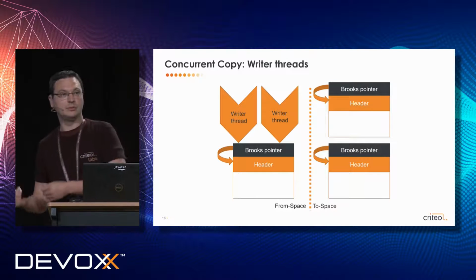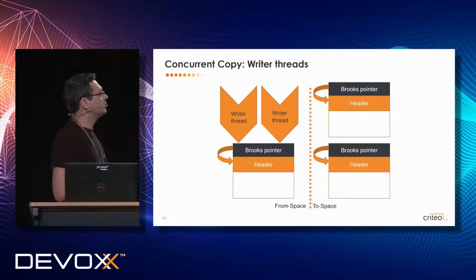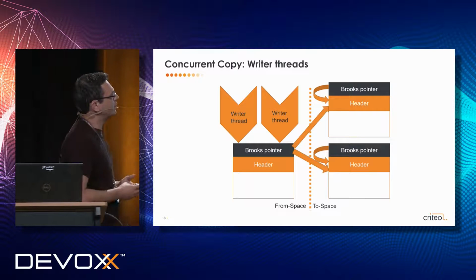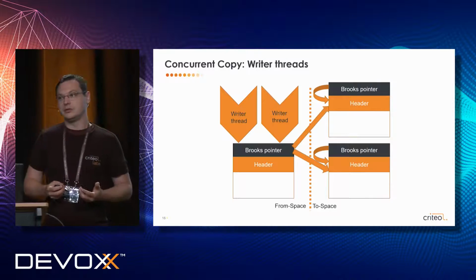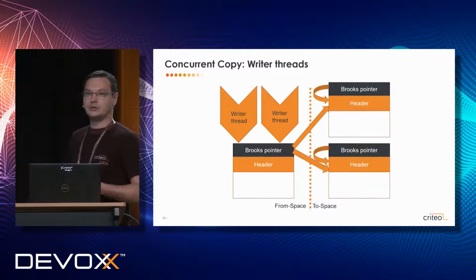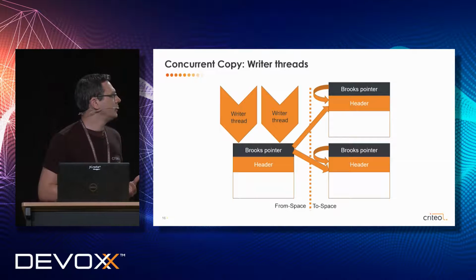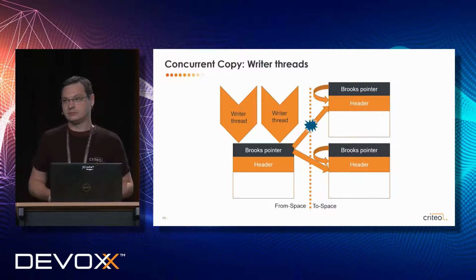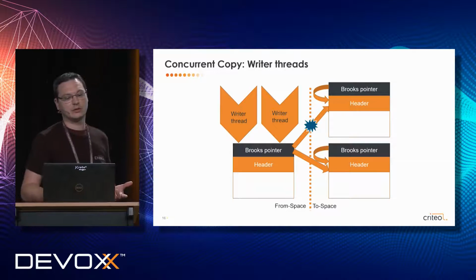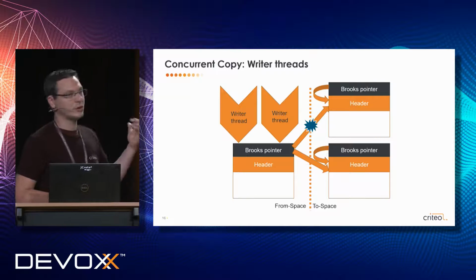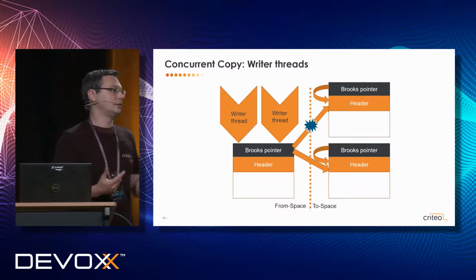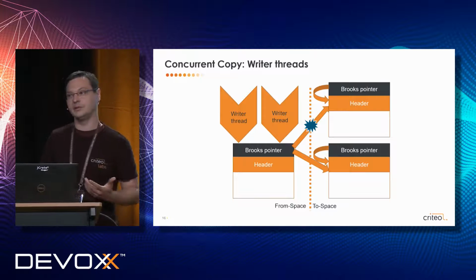So each thread will copy the object, and then they both try to update the Brooks pointer concurrently. They use an atomic instruction for this, a CAS, compare and swap instruction, and only one will win. So only one will correctly update the Brooks pointer. The other one will fail and will know that, okay, there is an issue with this operation.